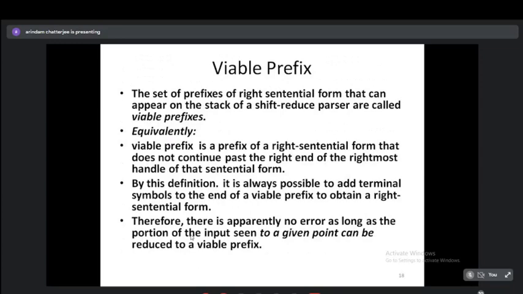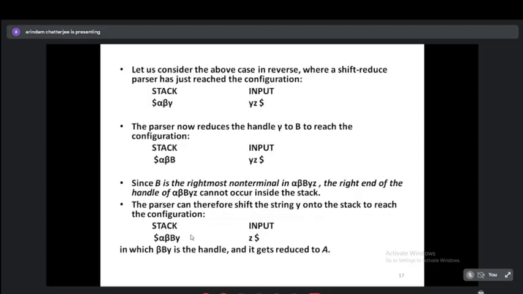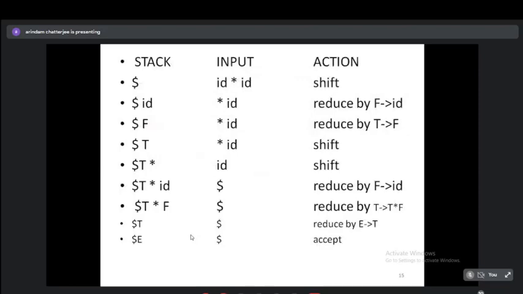A viable prefix is a prefix of a right sentential form that does not continue past the right end of the rightmost handle of that sentential form. As you can see here, with T star ID or T star F, you cannot have any more symbol after F on the stack because T star F itself is a handle.